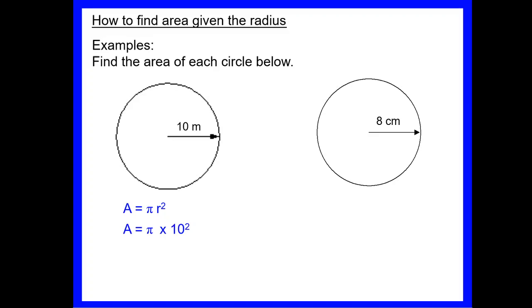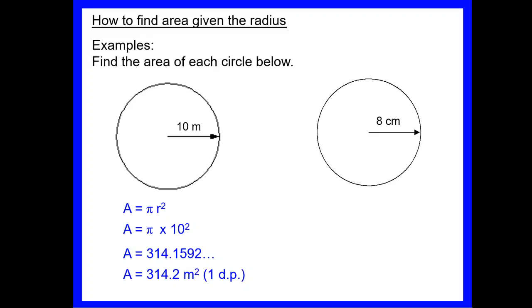We can just directly type that into your scientific calculator. As I said, if you don't have a scientific calculator, do 10 squared first, or 10 times 10 instead. If we put that in, we get 314.1592, etc. And rounding that to one decimal place, we get 314.2 meters squared.